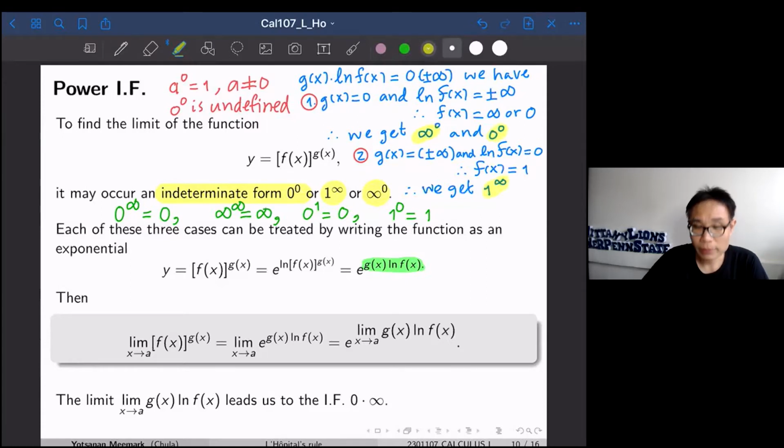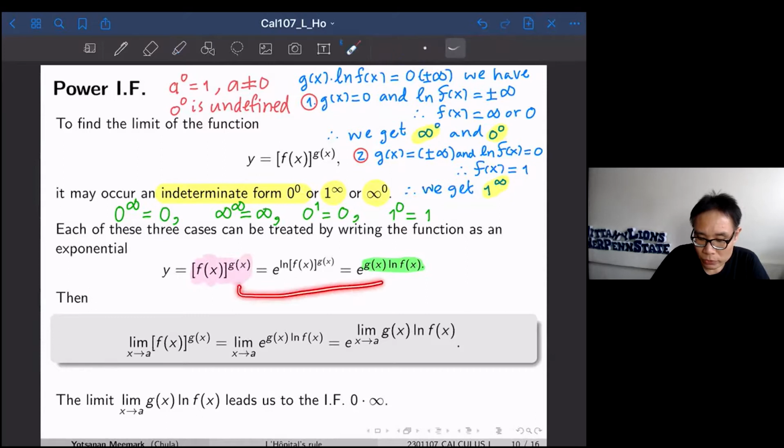to the infinity. I usually tell my students to try to convert f(x) to the g(x) in terms of log first. So you're going to convert from the pink one to the green one, and then you see whether you have 0 times infinity or not.